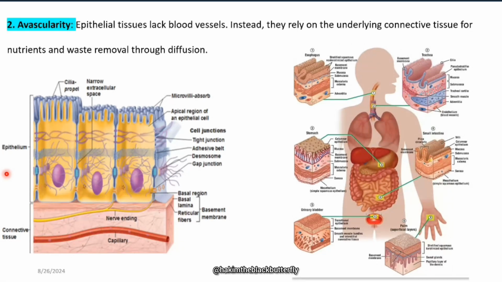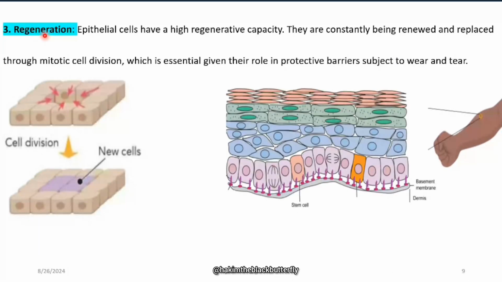Okay, that's a third property. Then regeneration. These epithelial cells can undergo regeneration. If some part of your skin is injured, within a few weeks or months, those cells are going to be replaced because the remaining epithelial cells have the capability to undergo cell division.